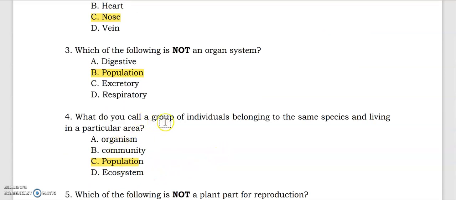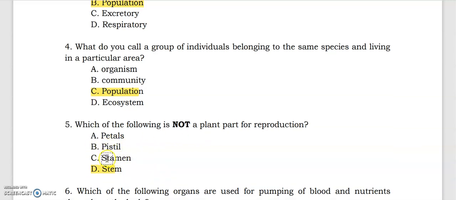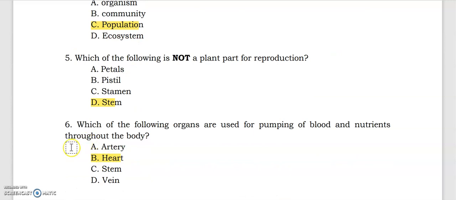Number 4, what do you call a group of individuals belonging to the same species and living in a particular area? So it's population, letter C. Number 5, which of the following is not a plant part for reproduction? It's a stem, because petals, pistils, stamen, they're part of the reproductive system of the plants.